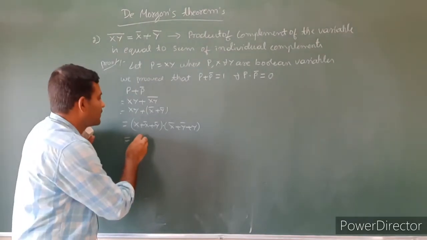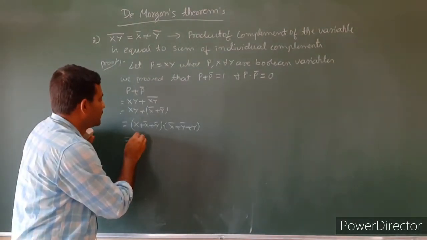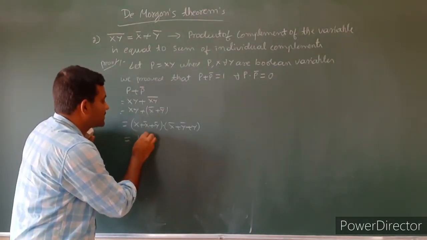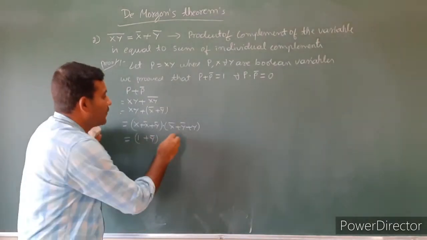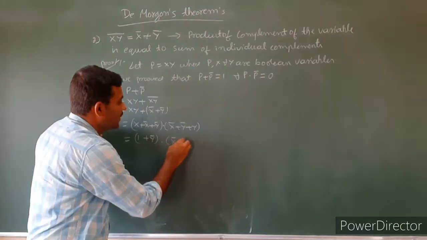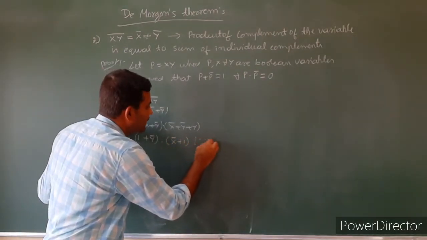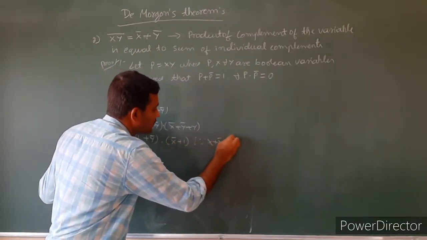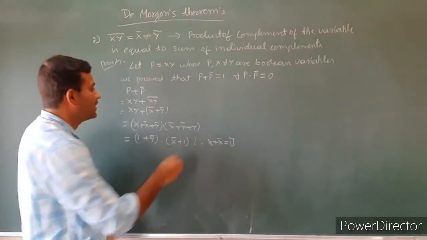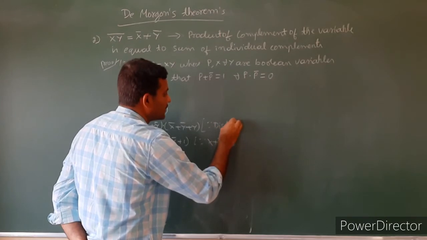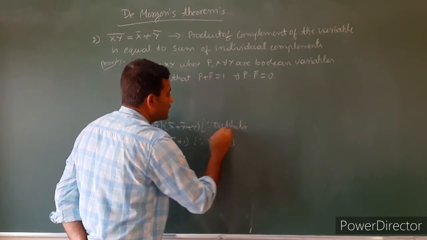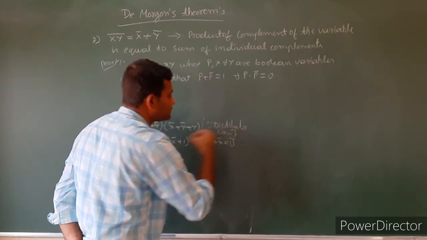x plus x bar is equal to 1, so 1 plus y bar. Again here y plus y bar is equal to 1. This is because x plus x bar is equal to 1. Just here we apply the distributive law.